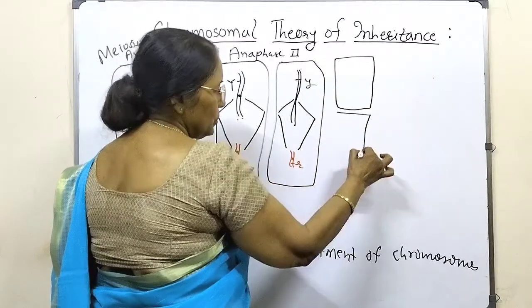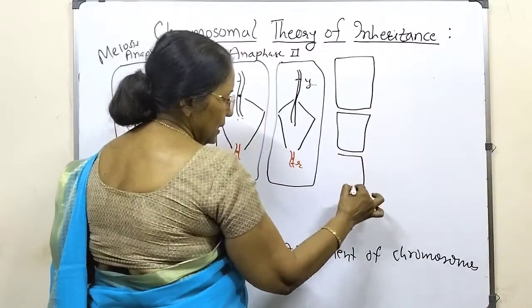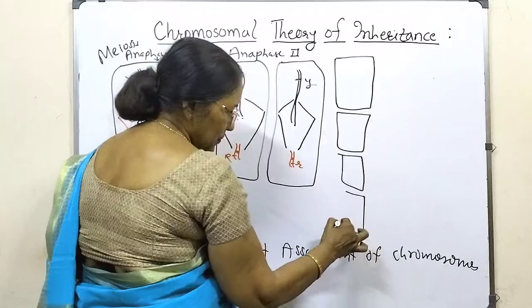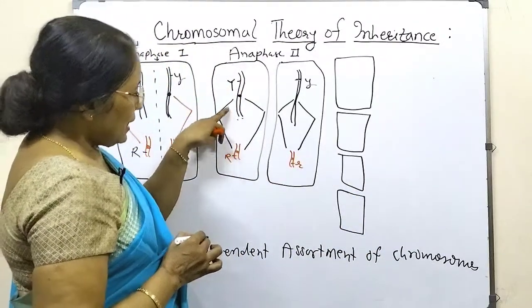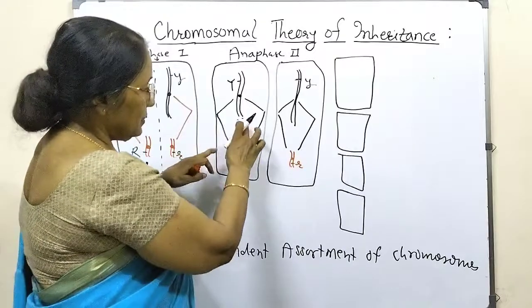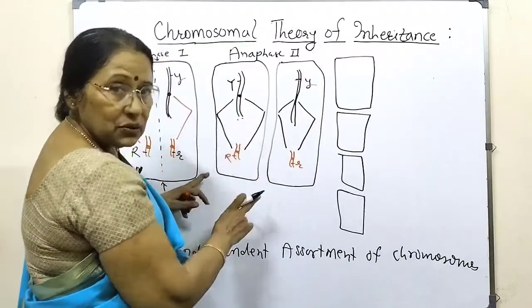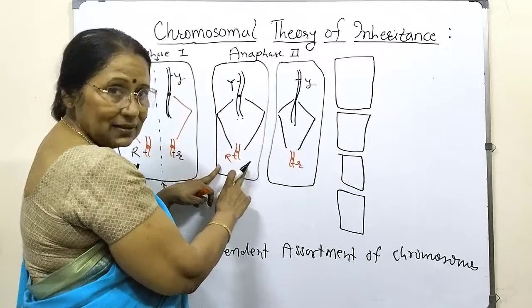1, 2, 3 and 4. In these 4, these are the 2 cells which are formed from this cell.